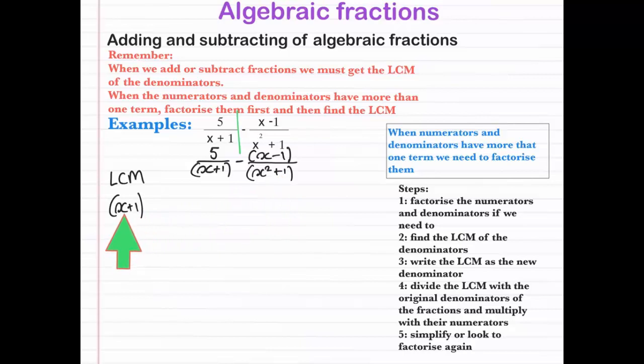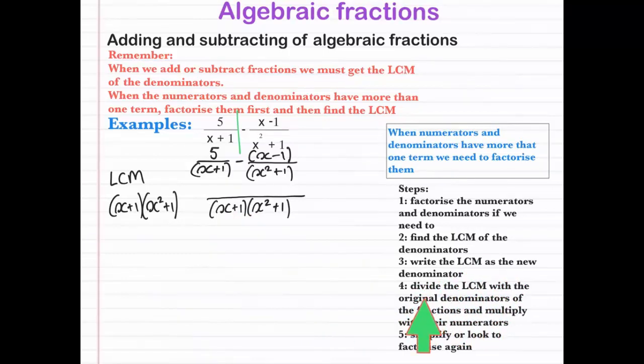Is it already there? No, so I have to include that whole one as well. So x squared plus 1. Okay, great. Then I draw a line and I include my LCM as the new denominator. Okay, there we go. And if you read here, write the LCM as the new denominator. That's what I did.